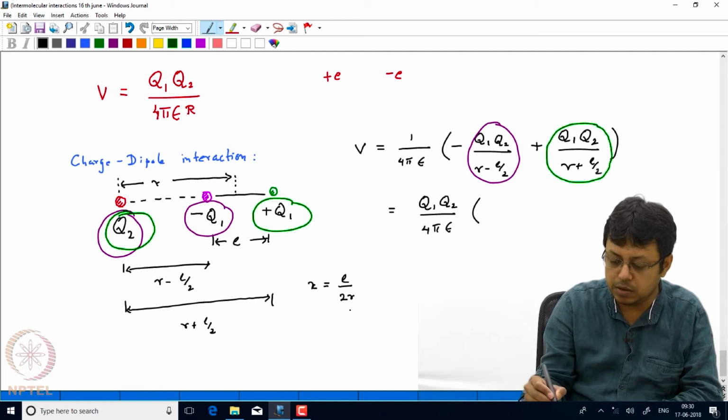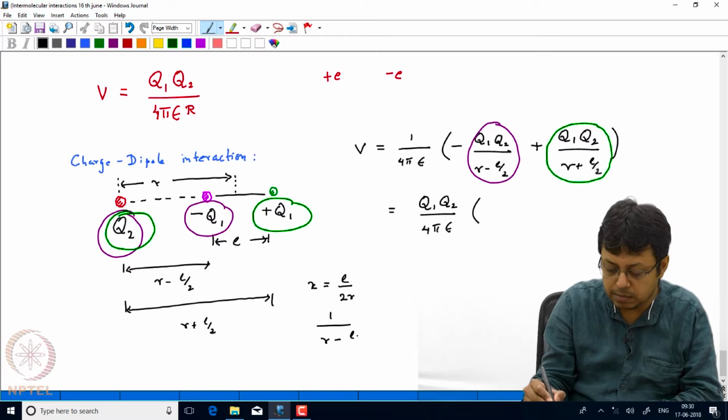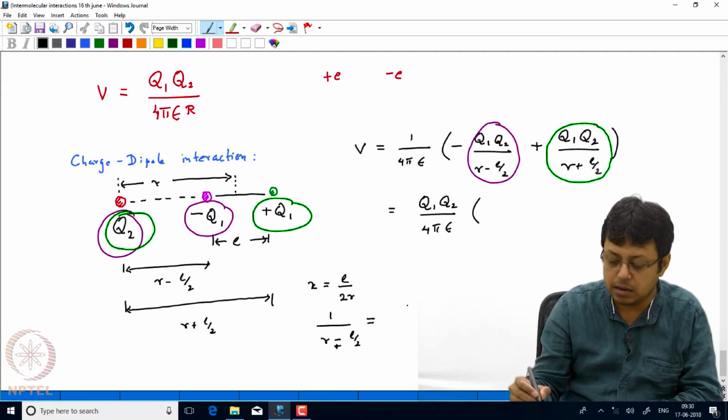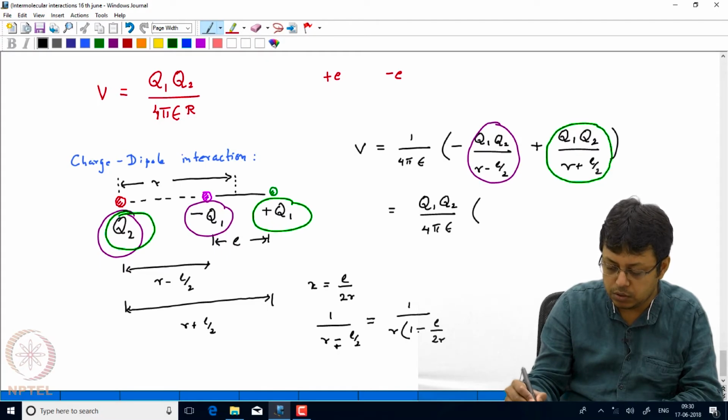So, in the denominator we have 1 divided by r minus L by 2 or r plus L by 2, something like that, and that I am writing cleverly as 1 divided by r, and then we can actually write it as 1 minus L by 2r.